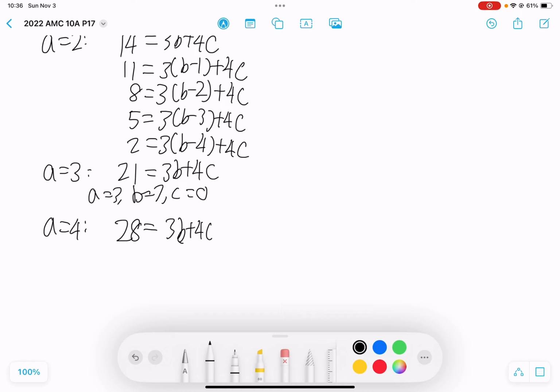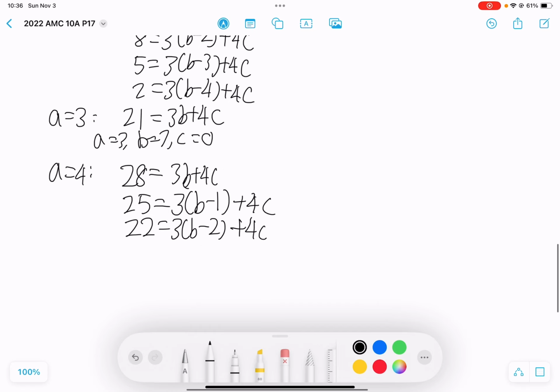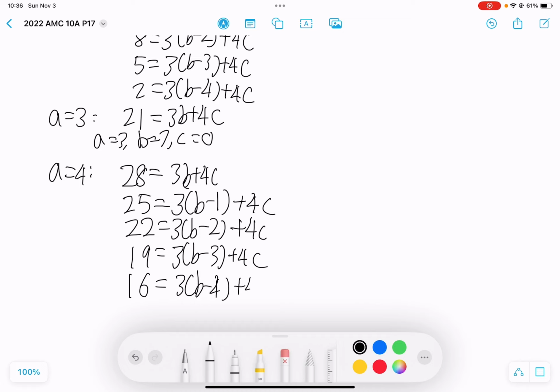So we can try 25 equals 3 times b minus 1 plus 4c, right? We can also have 22 is 3 times b minus 2 plus 4c. We also have 19 is 3 times b minus 3 plus 4c. We also have 16 is 3 times b minus 4 plus 4c.